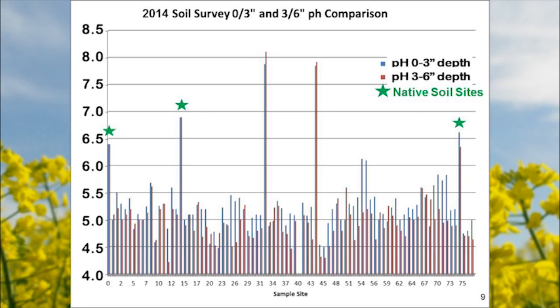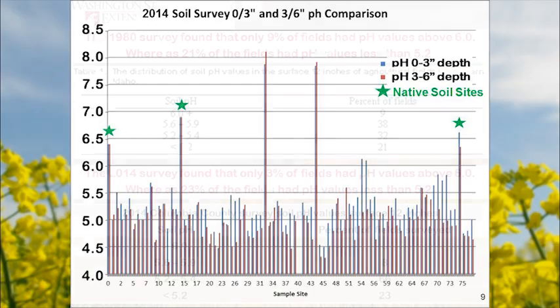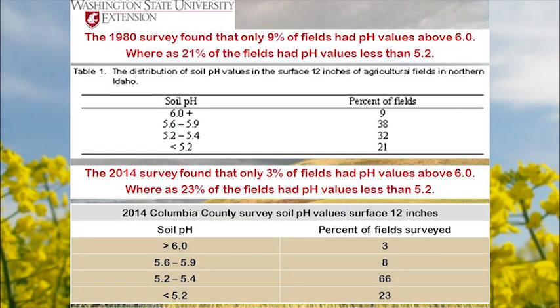So Dr. Mahler did some work at the University of Idaho. He did a survey back in 1980, reworked some of that in 1995. His numbers indicated 9% of the fields were above pH of 6 in 1980, and 38% were between 5.6 and 5.9.